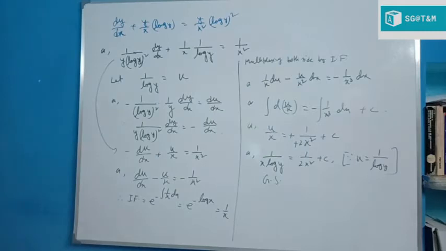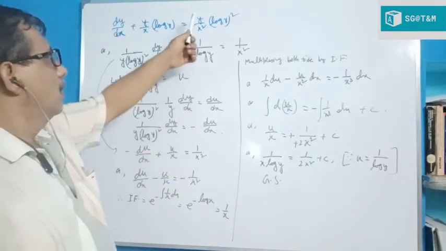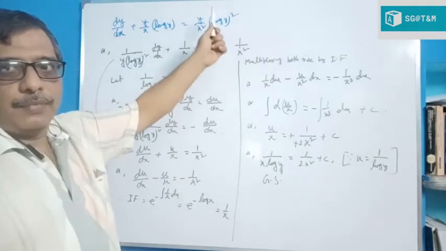Next, solve dy/dx plus (y/x) log y is equal to (y/x²)(log y) whole square. In the right hand side y is present, so we first have to eliminate it from the right hand side.